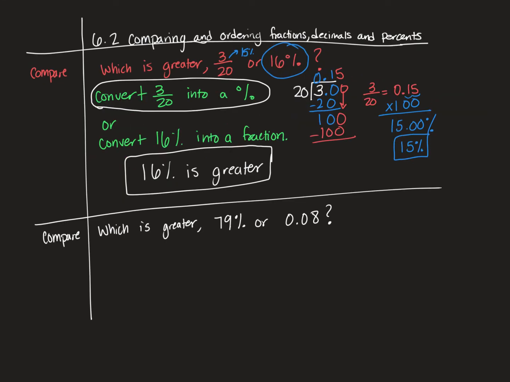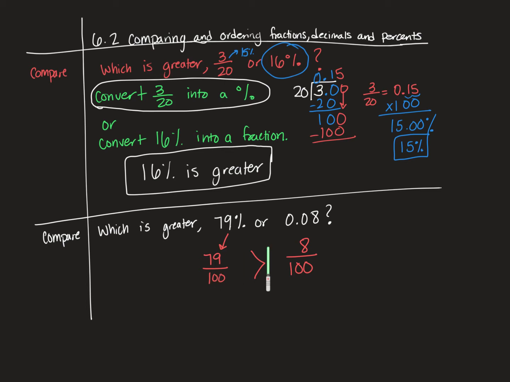So I'm going to copy down what a lot of you guys wrote down in the chat. You said 79% is greater because 79 out of 100 is greater than 8 out of 100. See how they both have the same denominator? They both have 100 as the denominator. See that? So now we can compare them.